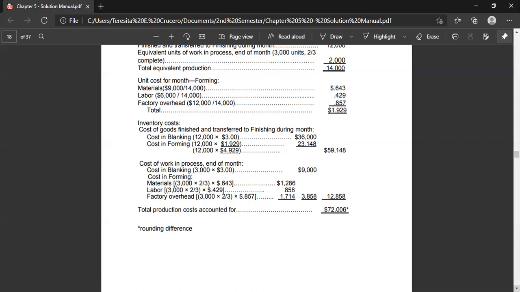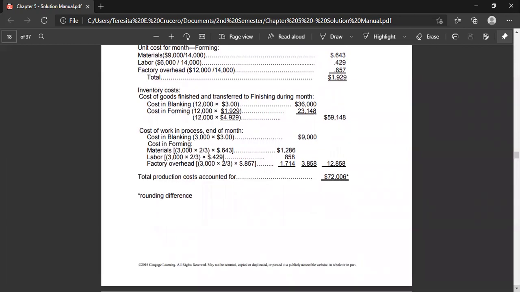So you multiply by 0.429, factory overhead by 0.857, giving a total production cost in the table. So you have 72,006 and you got an asterisk.